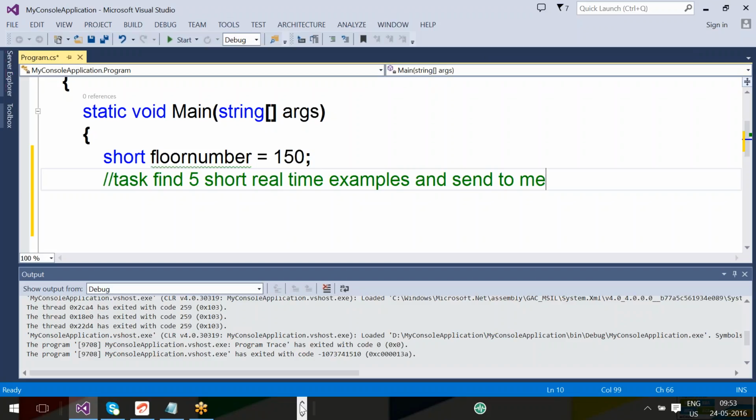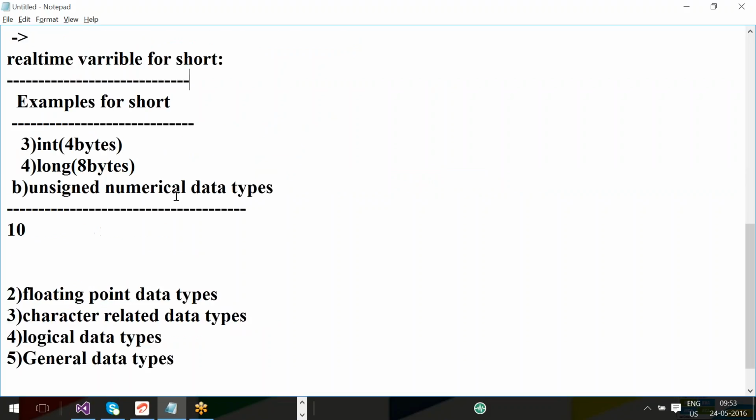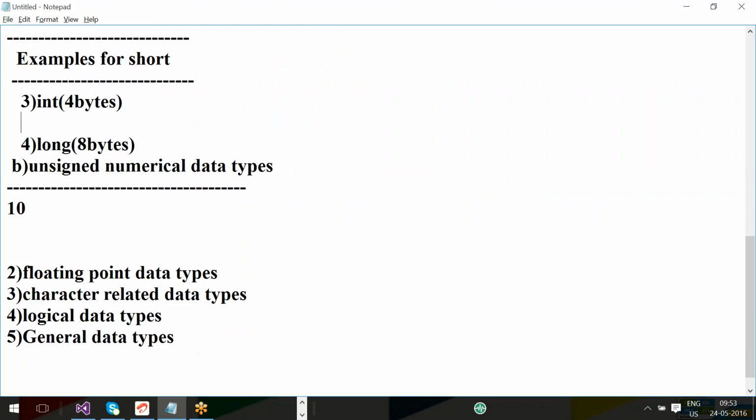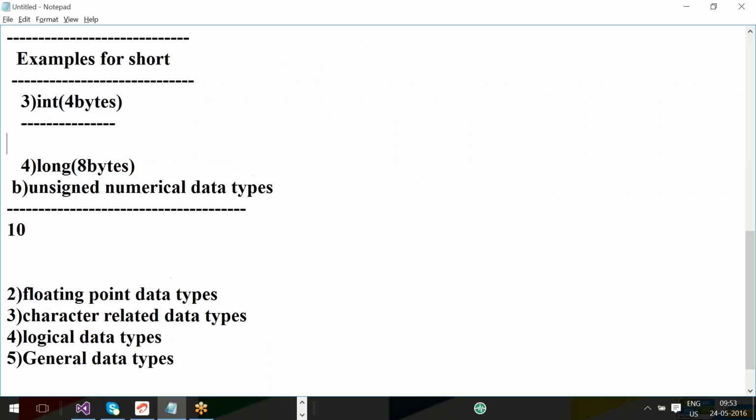Now next we are going with your favorite data type, int. Int is 4 bytes, 4 into 8 equals 32 bits.